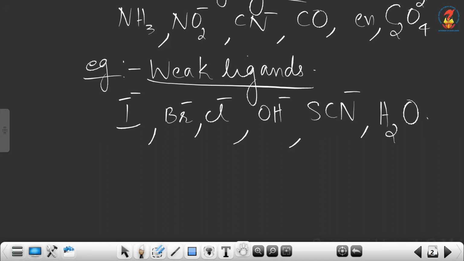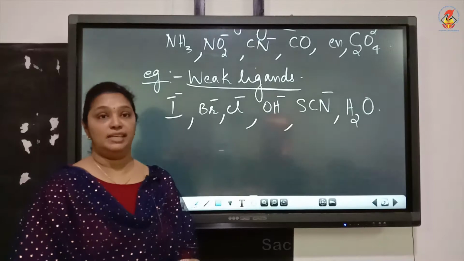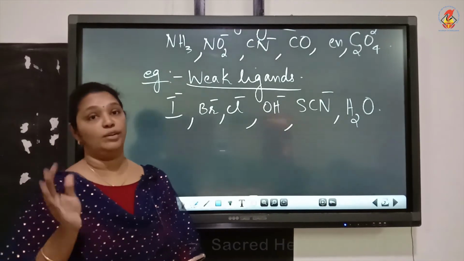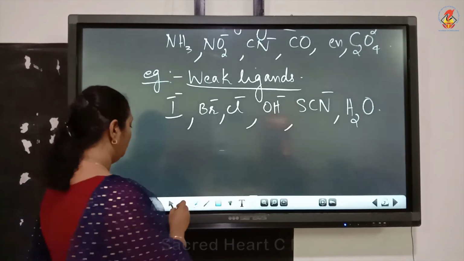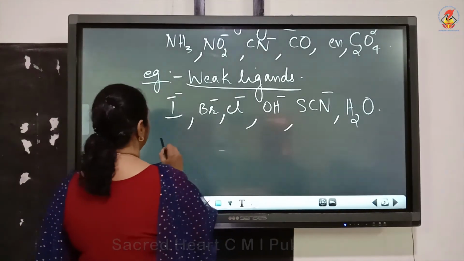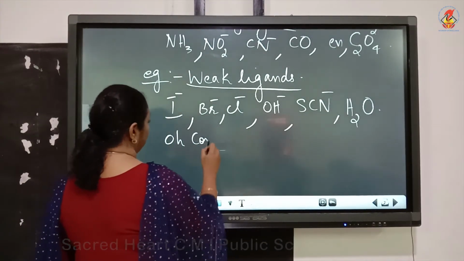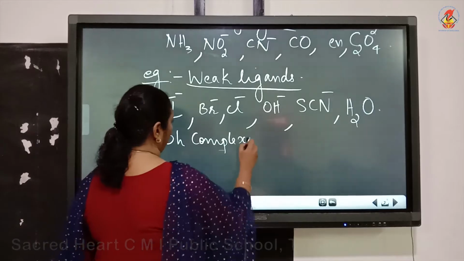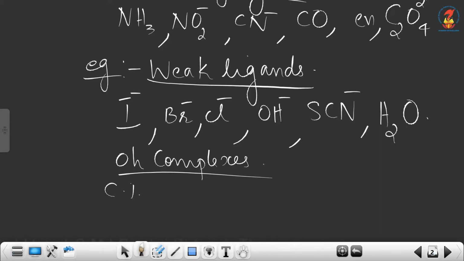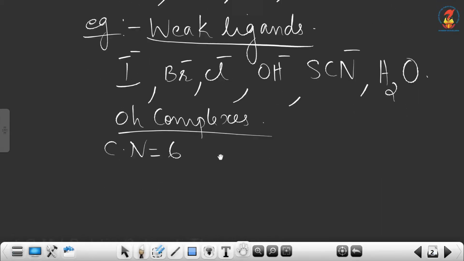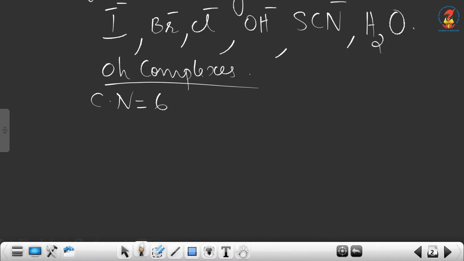Now, we are going to study the hybridization in octahedral complexes. OH is the short form for octahedral complexes. We have the coordination number as 6, and the two possible hybridizations in octahedral complexes are d2sp3 and sp3d2.